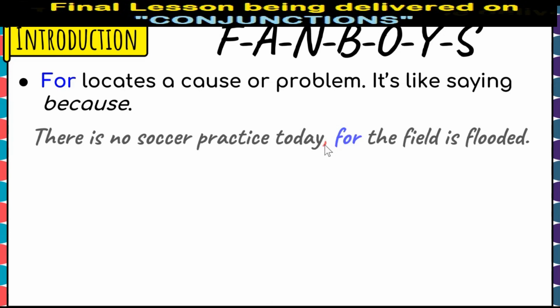Yes, I used a comma over here because these are two separate sentences, but I'm joining them with the word for. Also, I can use because over here. But since I'm using my formula of fanboys, I'll be using for. I did not say banboys, right? So I'm not using because. But if you use because over here, that would also be correct.